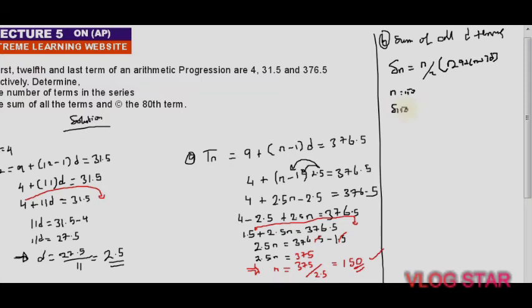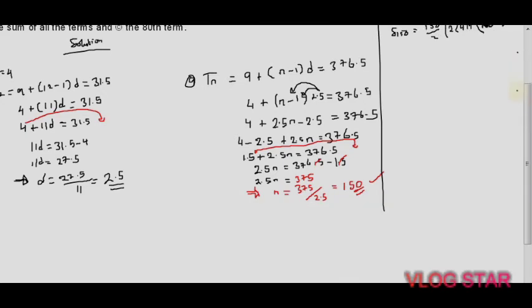So S of 150 is now equal to 150 divided by 2, open bracket, 2a, we got a to be 4. A is given to be 4, close bracket, plus, open bracket, 150 minus 1, close bracket, our common difference, we got it to be 2.5.